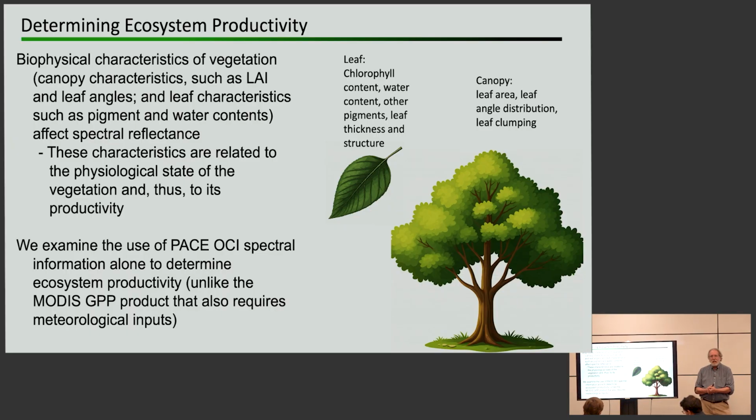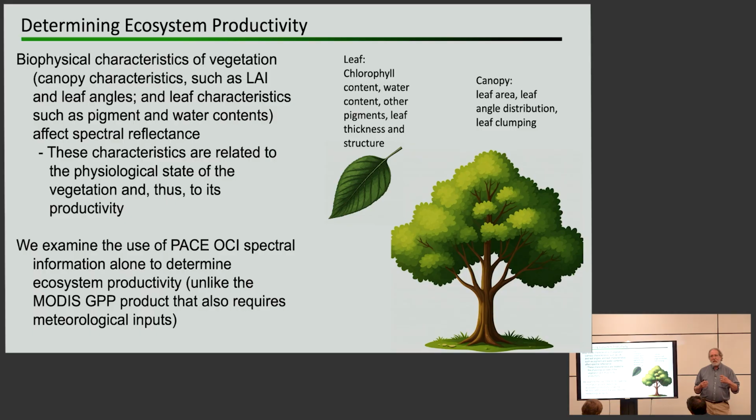One of the other things we've been doing is looking at ecosystem productivity from PACE for terrestrial things. The spectral reflectance of vegetation is related to the structure of the canopy, how much leaf area there is, how clumpy it is, which control how much light the leaves intercept.